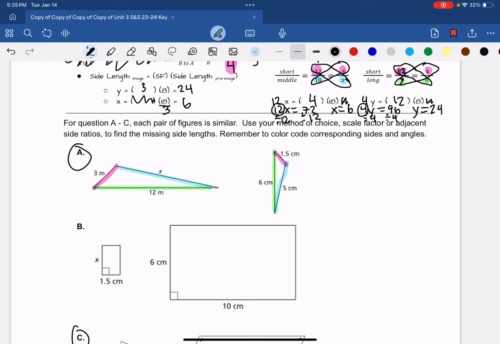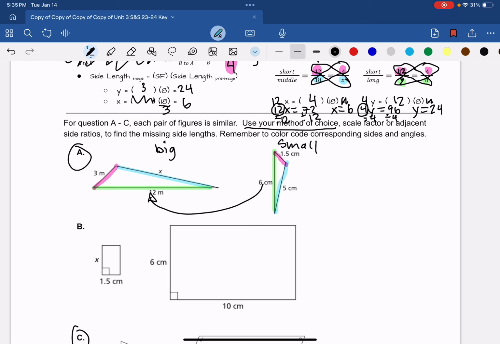Again, colors don't really matter as long as they match. So, for this problem it says, use your method of choice. Scale factor or adjacent side ratios. When they say adjacent, they just mean, you know, those ratios you come up with, they have to have numbers next to each other. In a triangle or a rectangle, those are always going to be the same. All right. So I'm going to use scale factor because when you go from small to big, the numbers are nice.